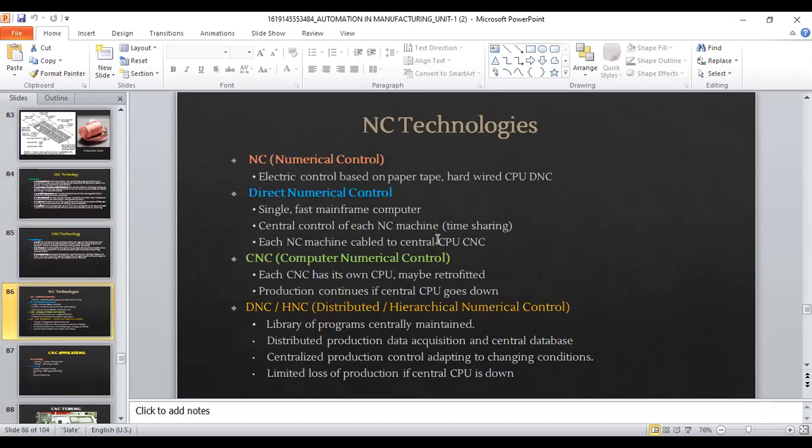And then you have direct numerical control, central control of all the different CNC machines. There's one main computer which is connected to different NC machines. And the other is distributed, right? Now we have a library of programs in that. So those were the things.